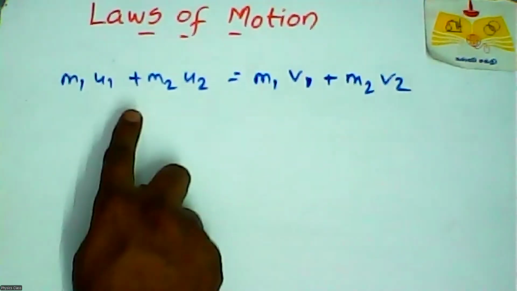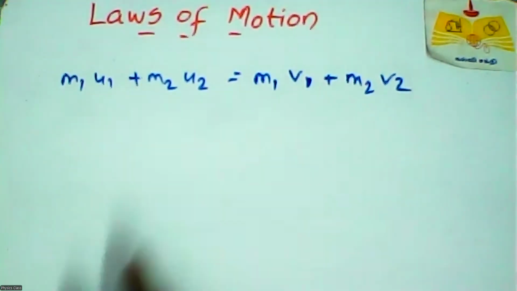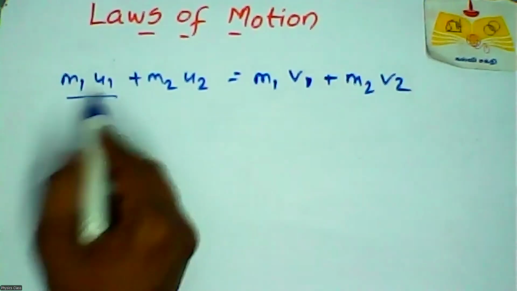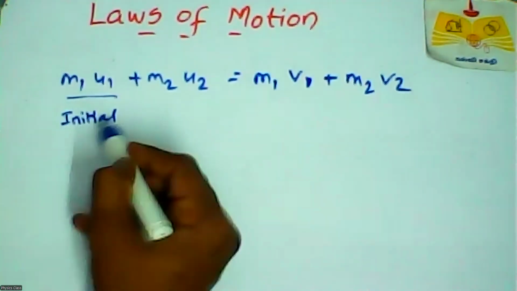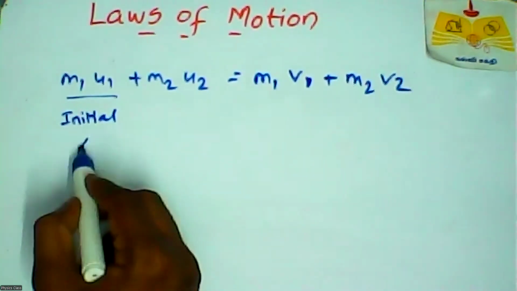You can see that there is one concept behind this equation. What is the concept? This is the initial momentum of the first object, that is A object.